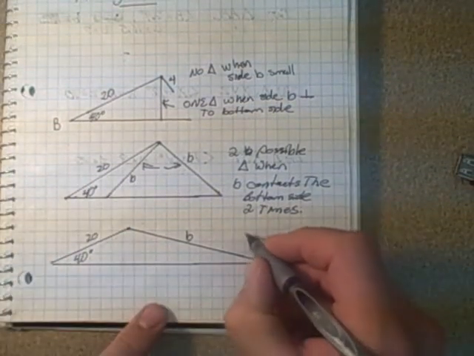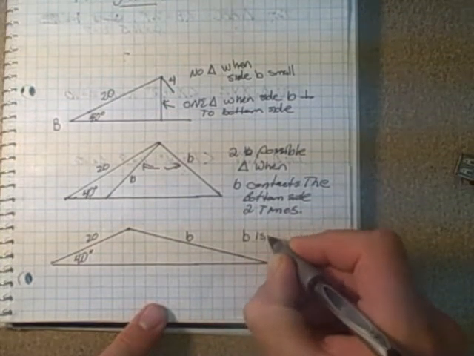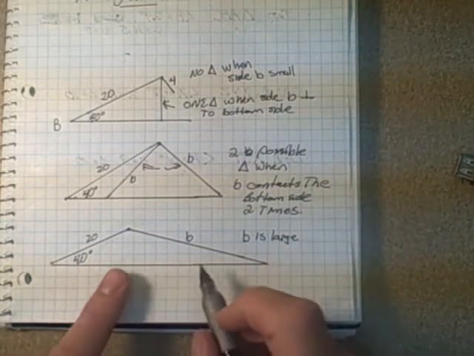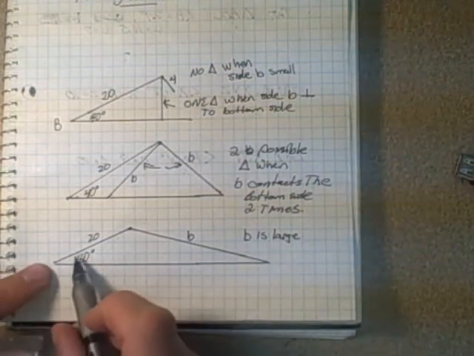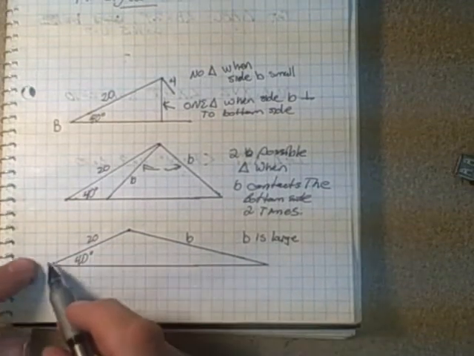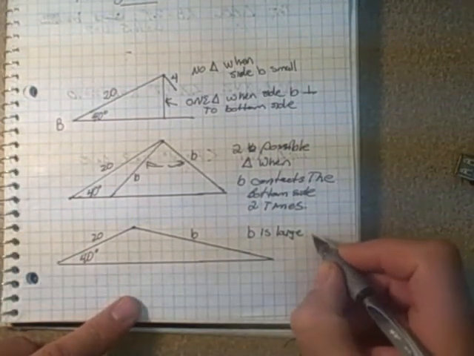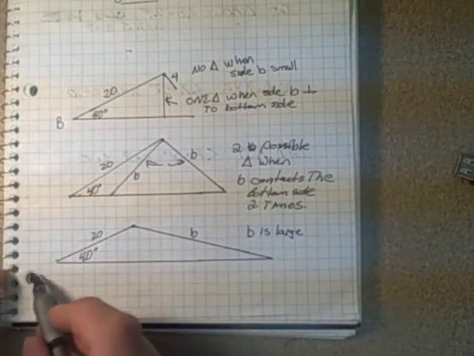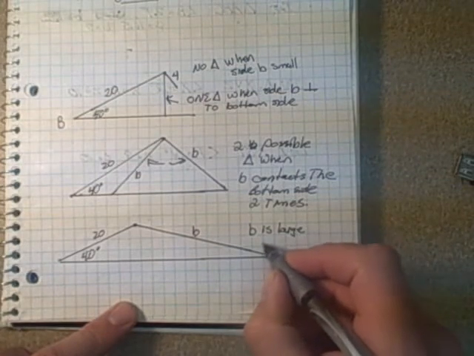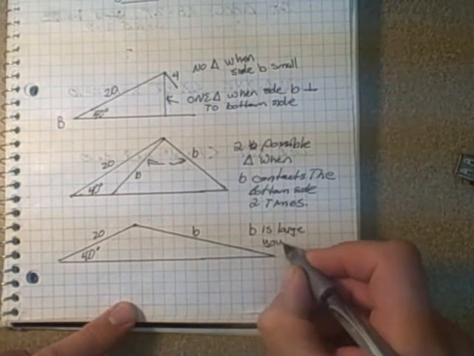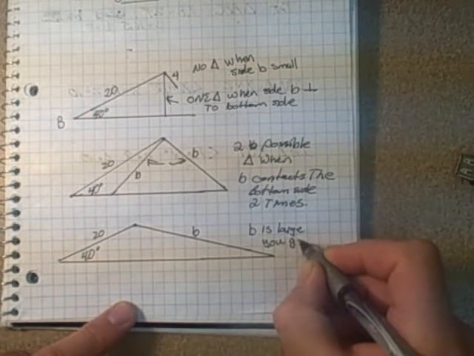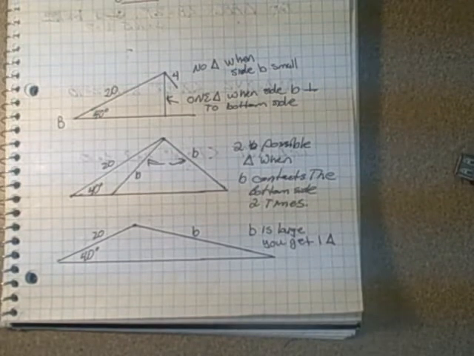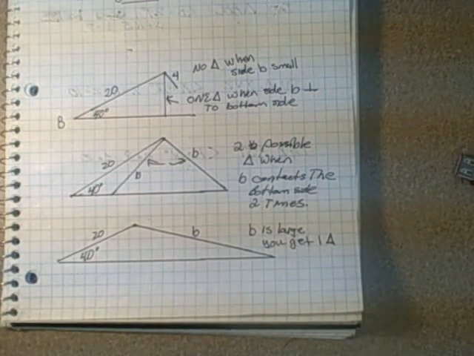So there's only one when B is really large, larger than this one and larger than this one, so that it comes way out here. You get one triangle.